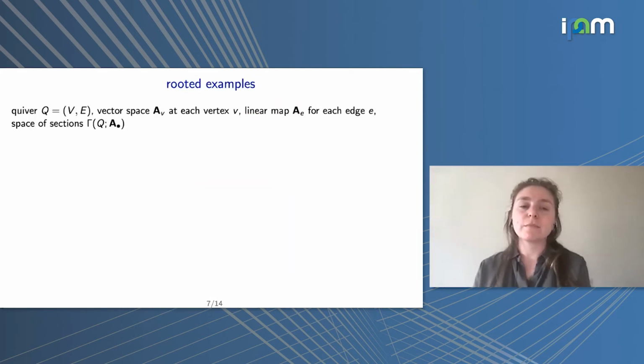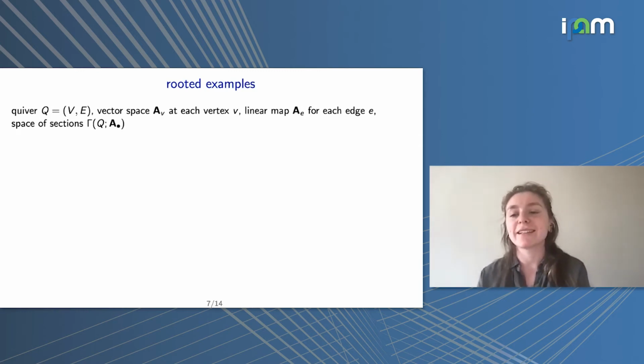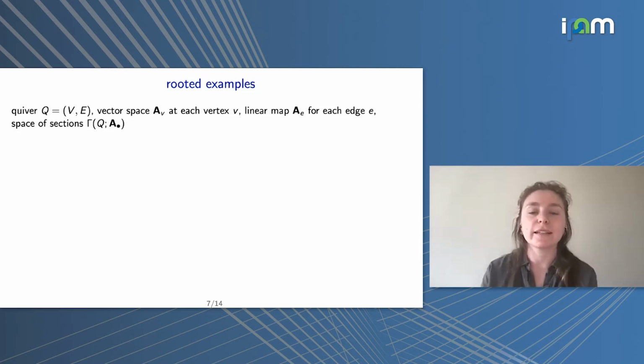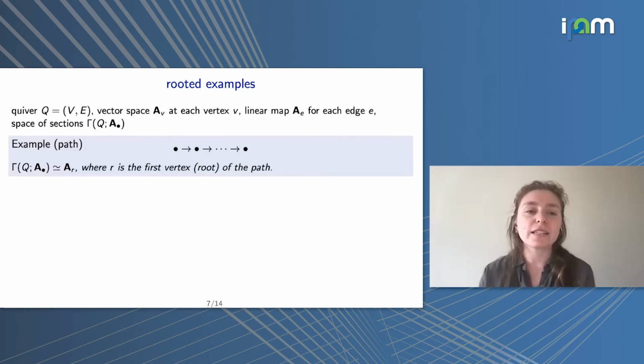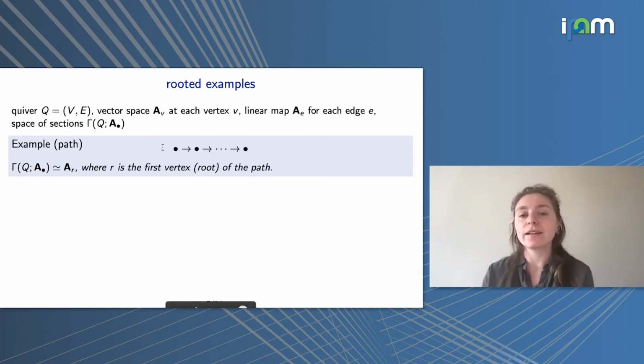Okay, so let's see some examples of some quivers and representations, and then the space of sections that we get. So I'll start with some rooted examples. So firstly, let's consider a path. So like the quiver that we saw before with the tensor, we have some nodes in a line with arrows between them.